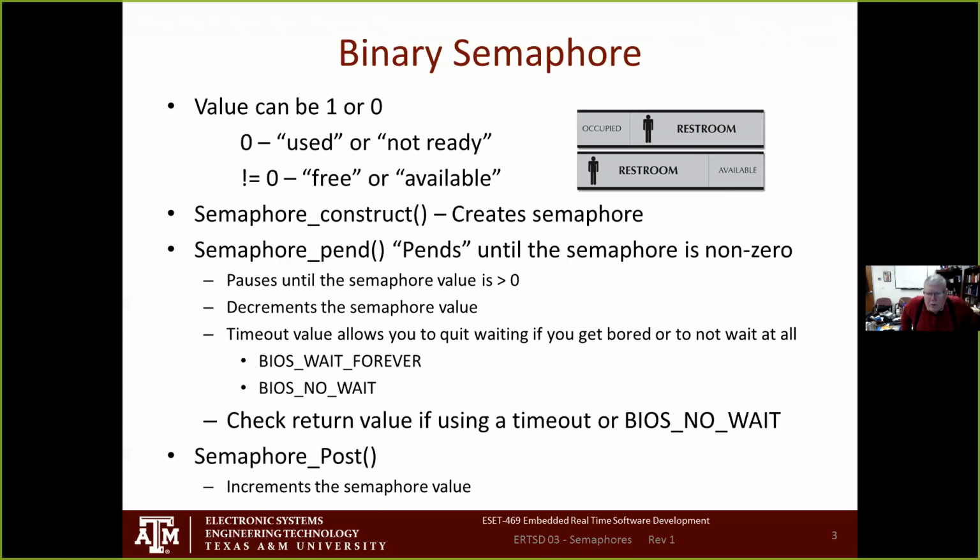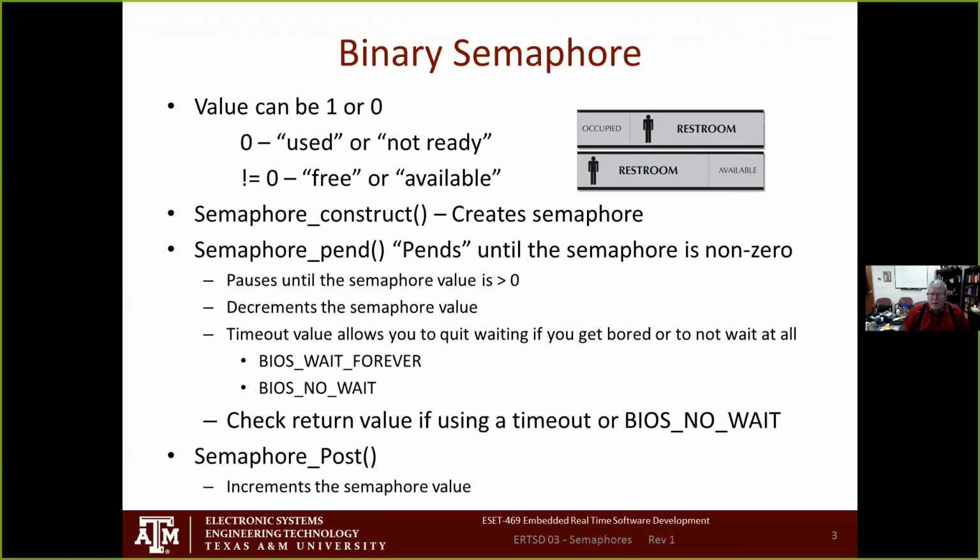Semaphore pend, which causes the task to pend until the semaphore is non-zero. Forgive me, because I do not recall if in our last lecture we talked about the term pend, so I will repeat what a pend is. When we pend a task, the operating system puts that task in a pending state and does not continue to execute the code until whatever caused the task to go into that pended state has cleared.